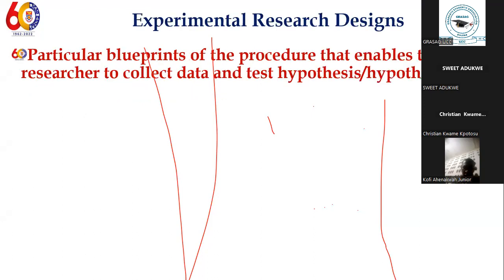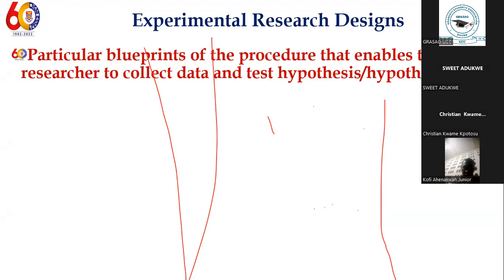Now, we've been hearing about designs being blueprints. One of the specific blueprints that we normally look out for in experimental research is how data is collected and how hypotheses are tested.